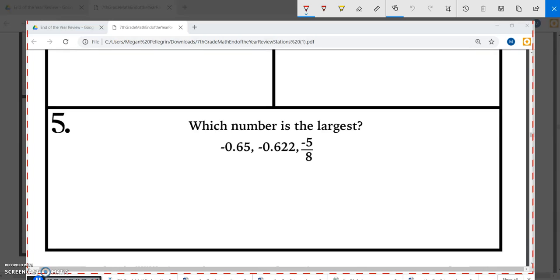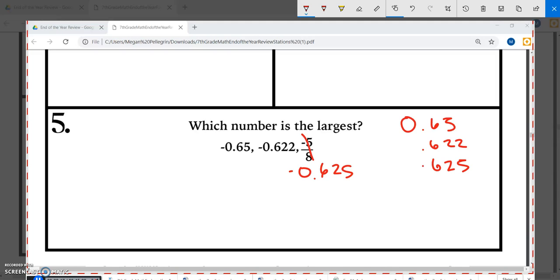So my new number, instead of that, I'm going to put 0.625, and it is a negative still. So that didn't change at all. Okay, so let's see. 0.65 and then 0.622 and then 0.625.